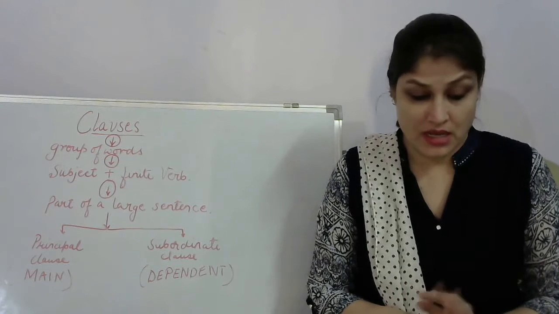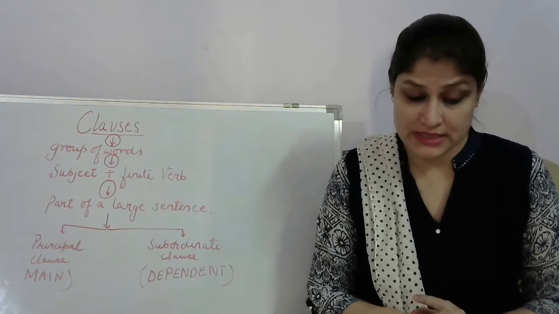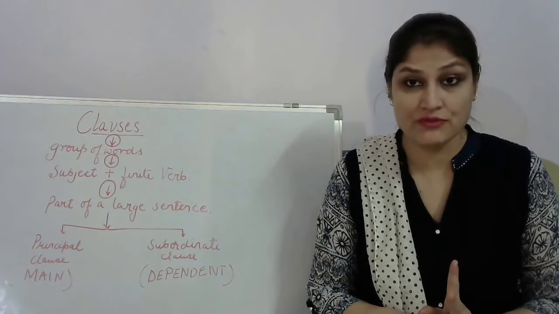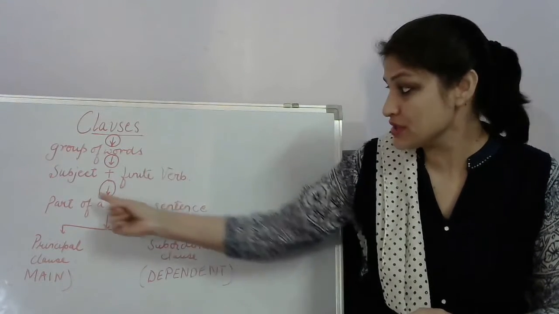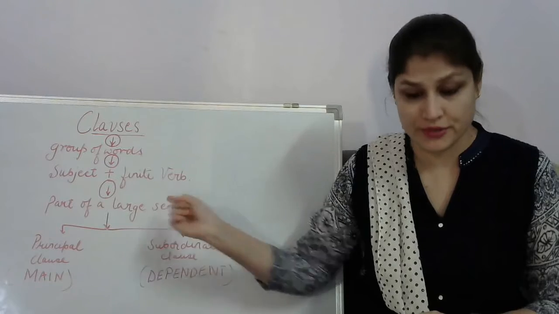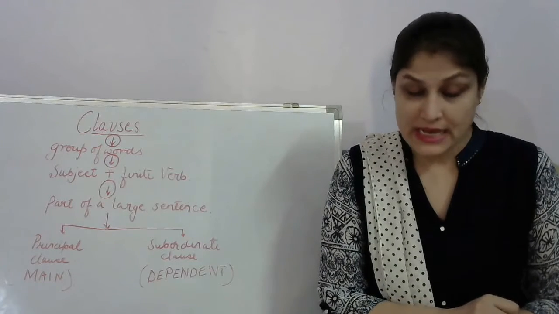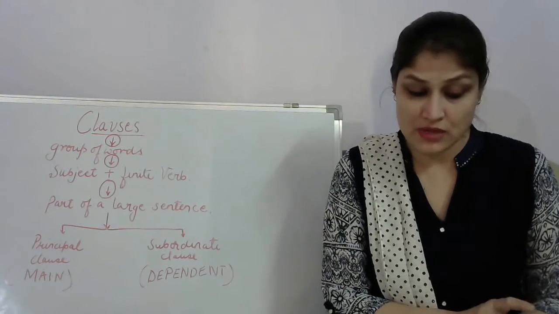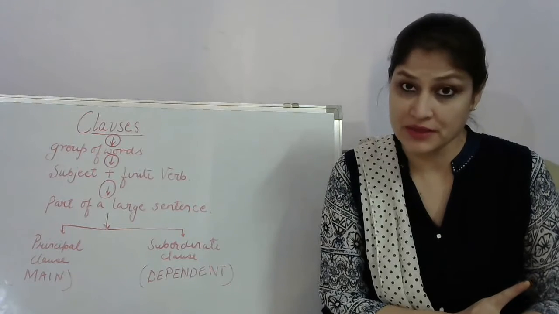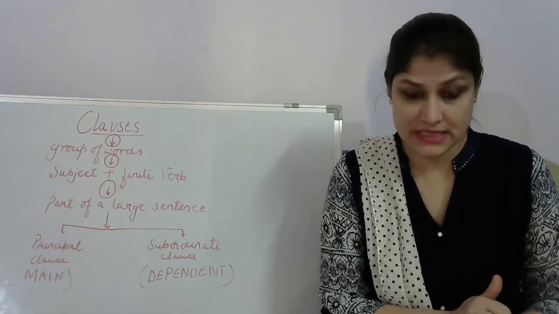Clauses. A clause is a group of words containing a subject and a finite verb. I've already done it here, a group of words with a subject and your finite verb. Now they have given an example here. This is the house which was built by my father. Now it's a complete sentence.